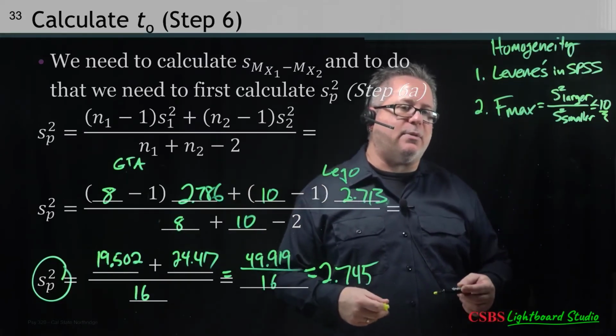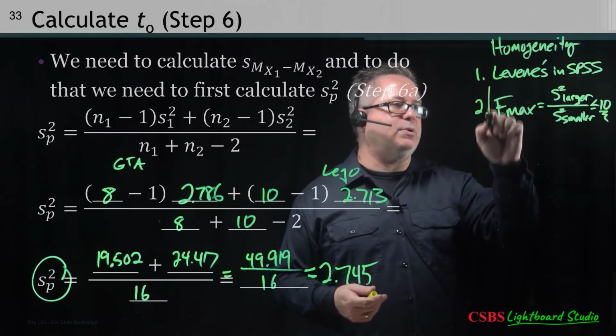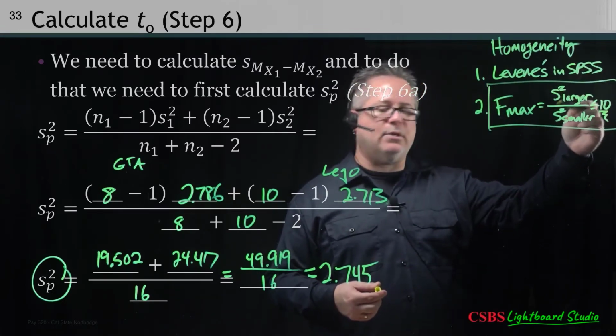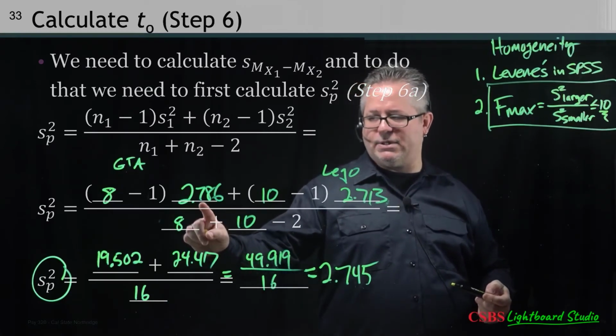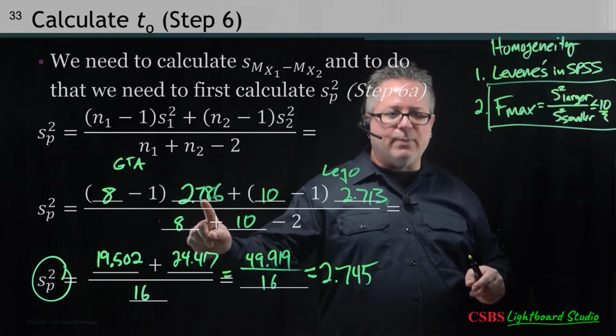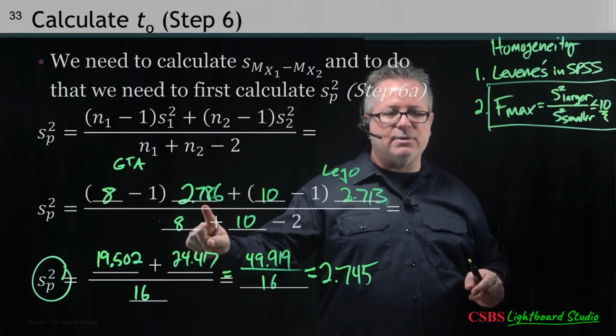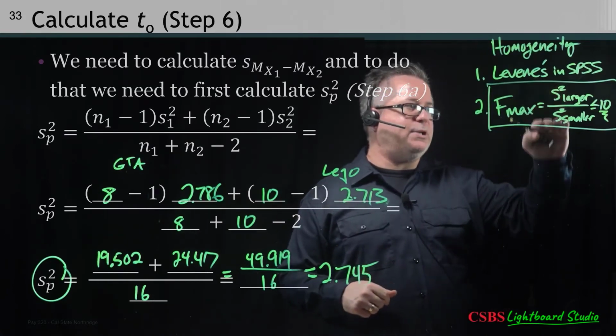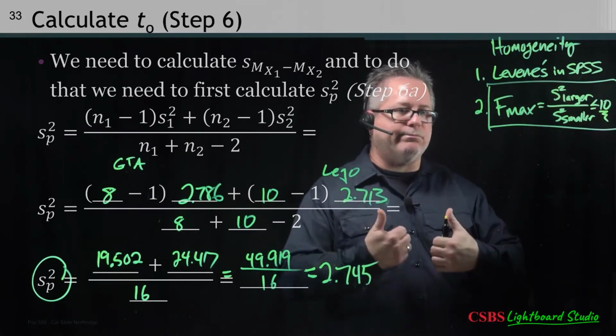But if you're asked about homogeneity and you need to know what to do, there's an easy by-hand thing, which is just take the larger variance. In this case, it would be 2.786. Not the variance of the larger group, mind you, but the numerically larger variance, and divide it by the smaller variance. If that ratio is less than or equal to 10, then you're good.